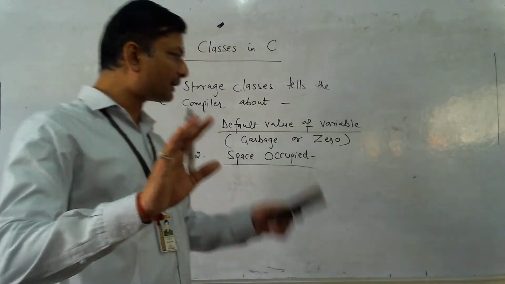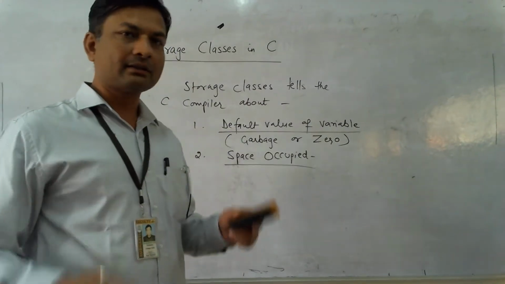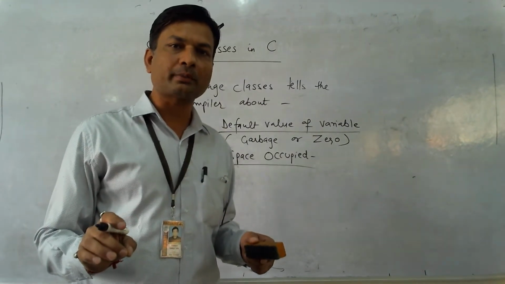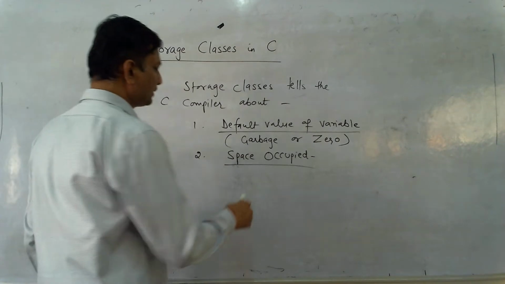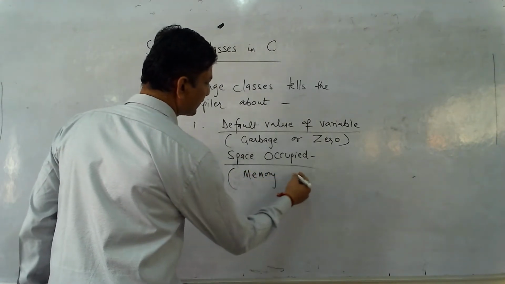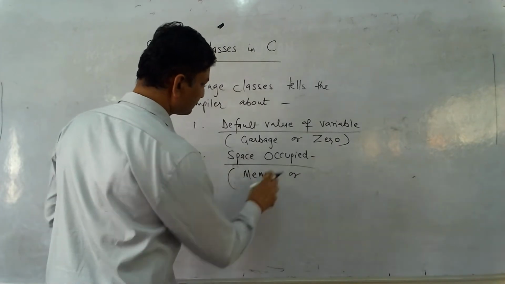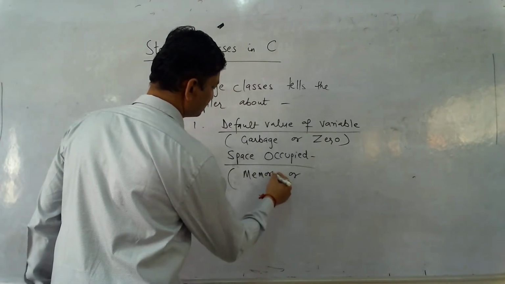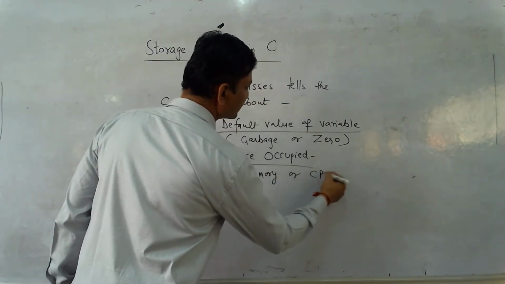Actually there are 2 places where any variable can occupy space. Number 1 is memory and number 2 is CPU registers.